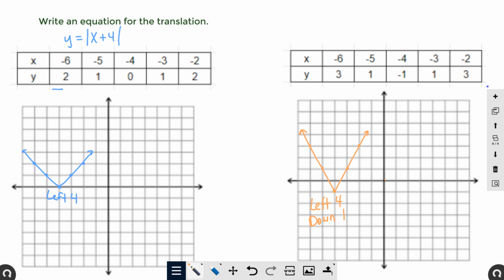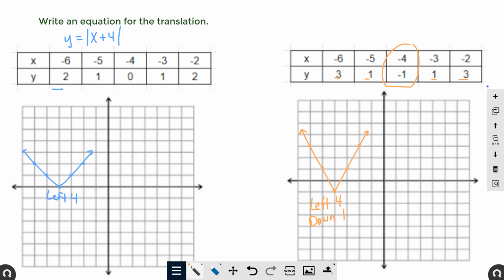Almost, if you think about it, there could be some more numbers, but I would look for where they repeat. Like these are repeating, so that must be the sides. So this must be the vertex, but it's not always the middle number. Sometimes I put a few more on one side than the other side, but just look where it repeats, and that's usually your vertex. So left 4, down 1.